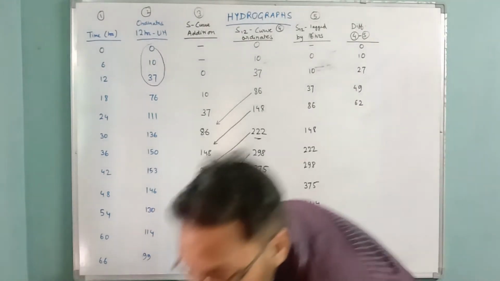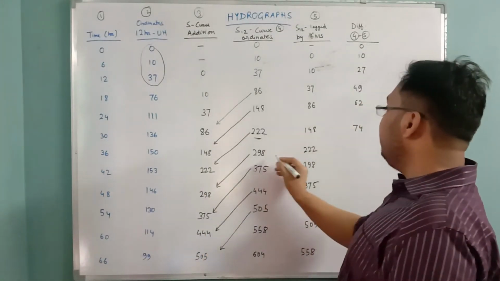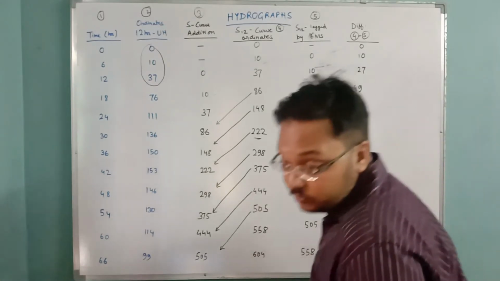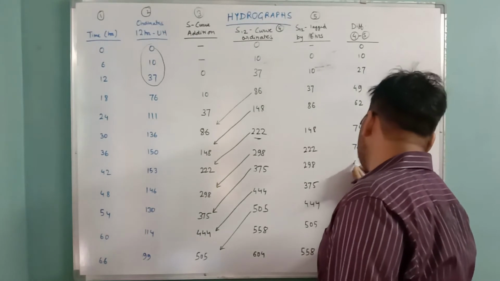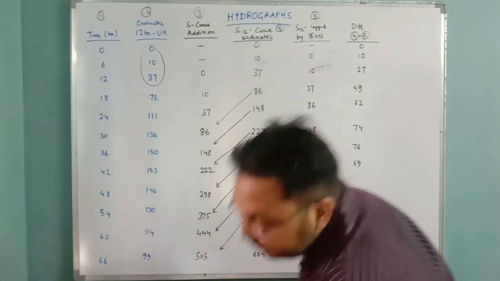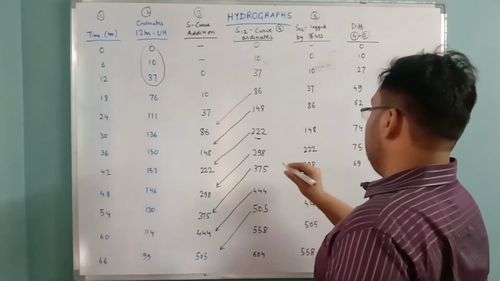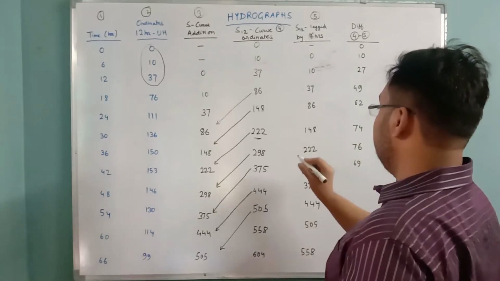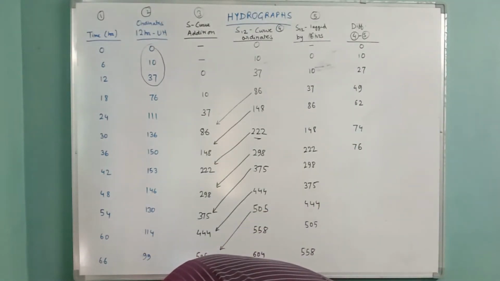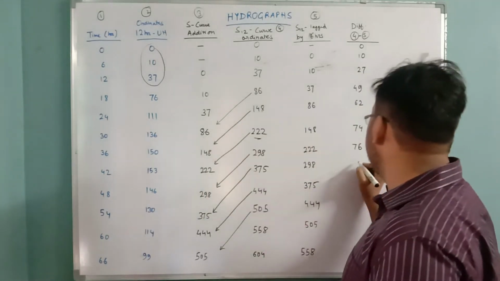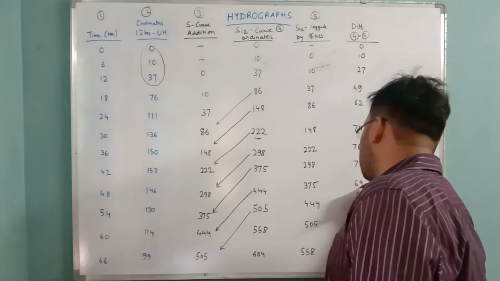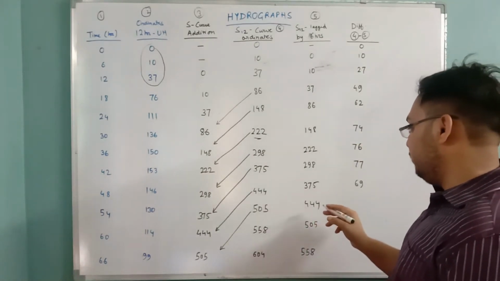222 minus 148 is 74. 298 minus 222 is 76. 375 minus 298 is 77. 444 minus 375 is 69. 505 minus 444 is 61.